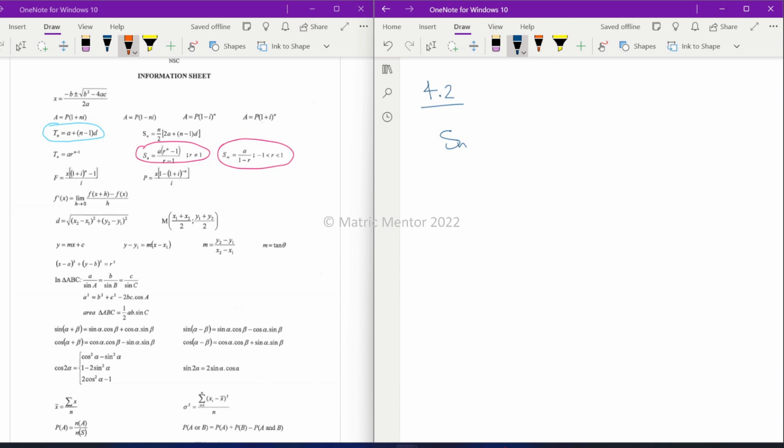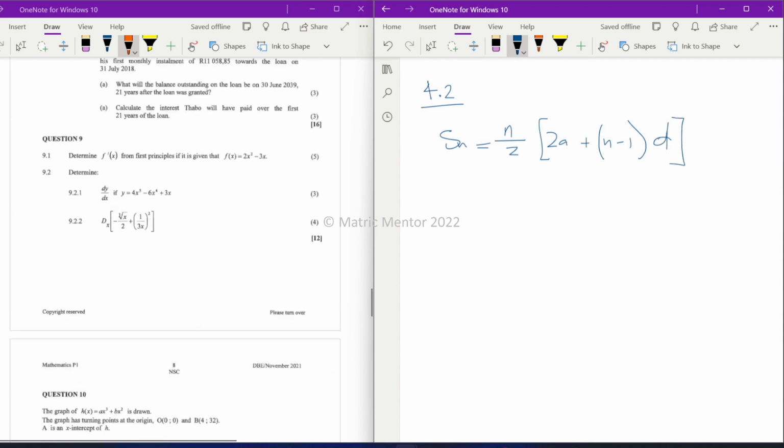So that is this formula here. I will outline it in orange. It is Sn equals n over 2 times 2a plus n minus 1 times d.